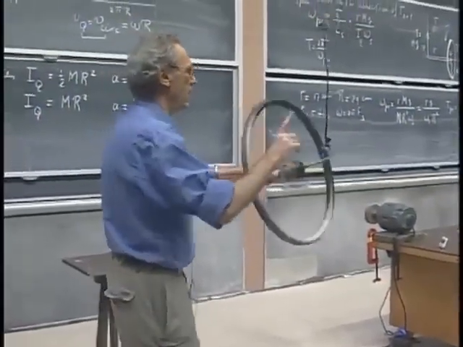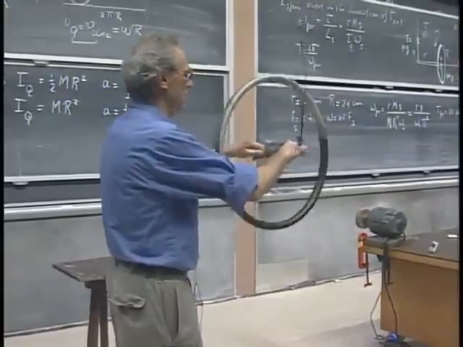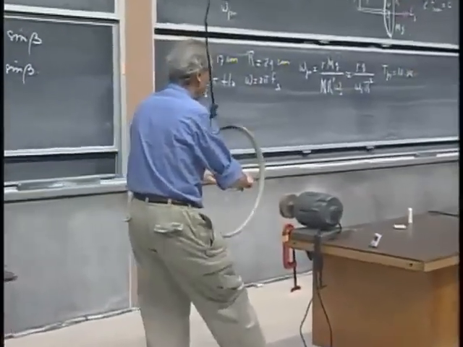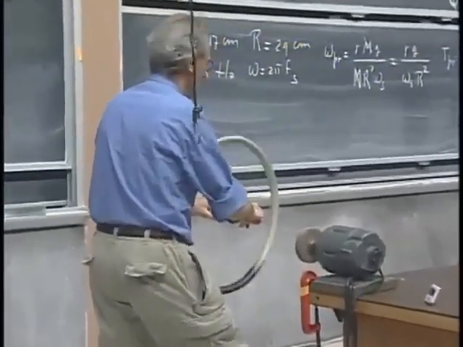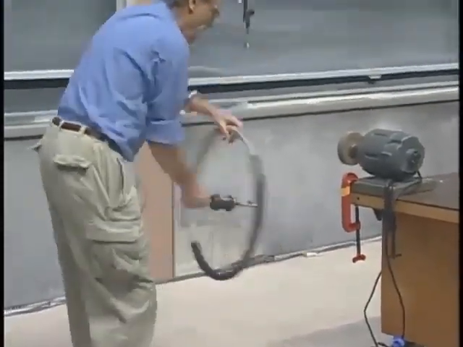All right, so I had this in my right hand. And now, when I spin it up, that's right. So let me now change the direction. I'm turning it over.